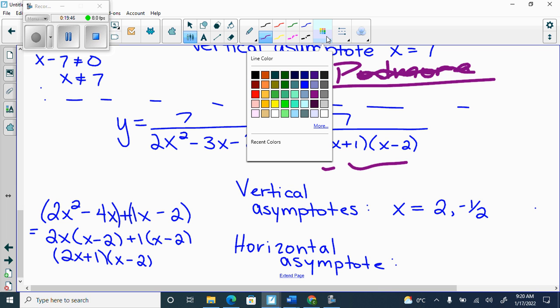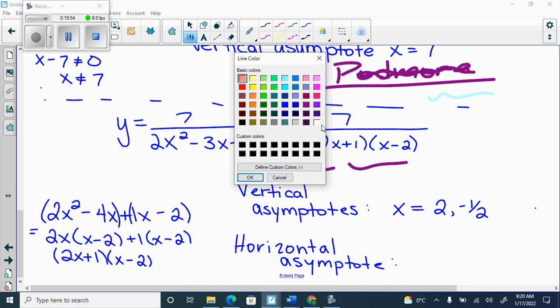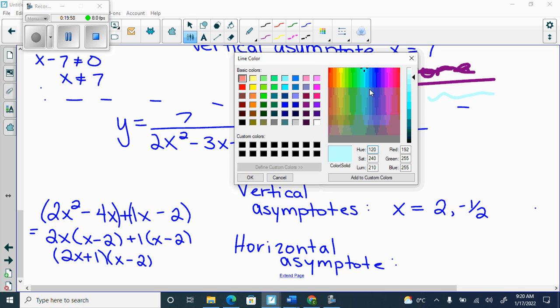Oh, we can do more. He's so distracted. If you go into more, you can make a custom color. And now define custom colors. What are you doing? Jack, you just tap on one. Okay. Just tap on a color. Okay, press OK.